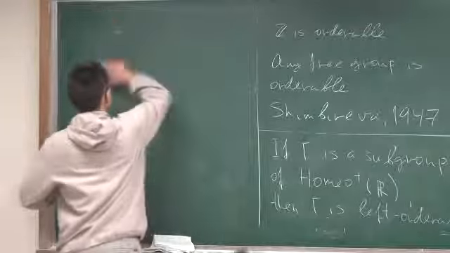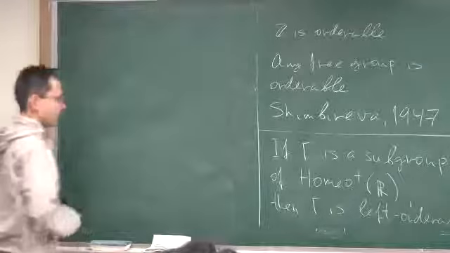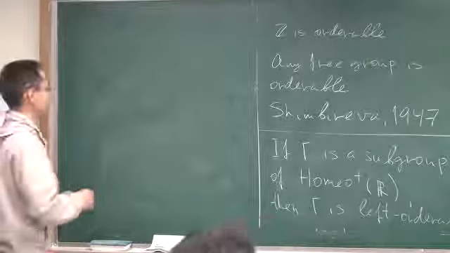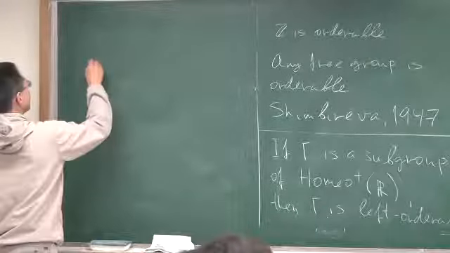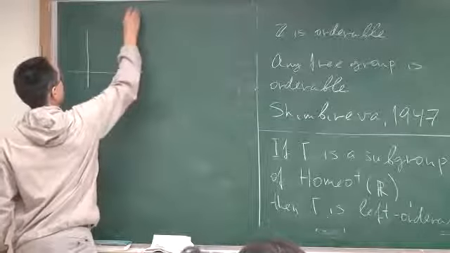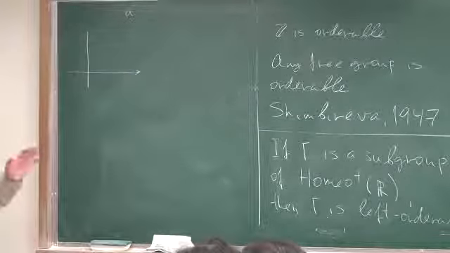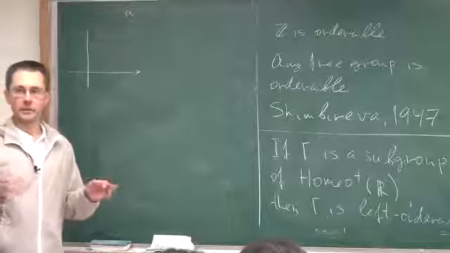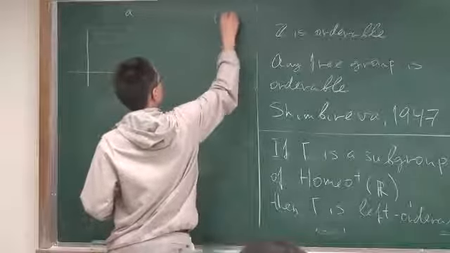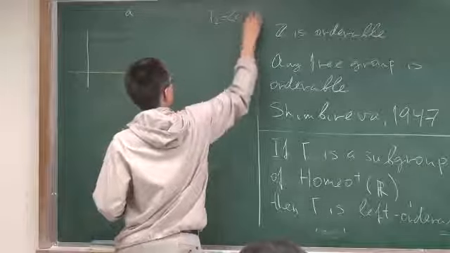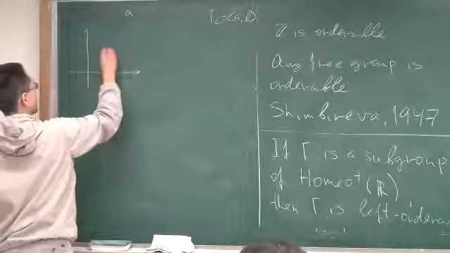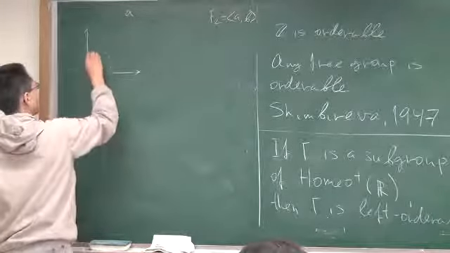There is a way, and maybe I will just write the construction that he mentioned to me. So you explicitly pick a free group, say the free group of two generators, F2. So F2 is generated by A and B. A is going to be a homeomorphism of this type.